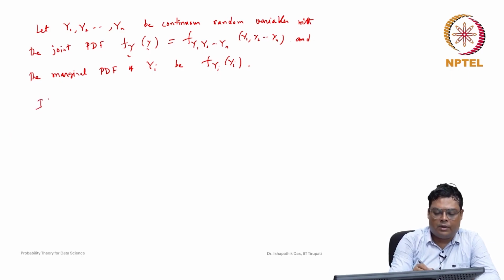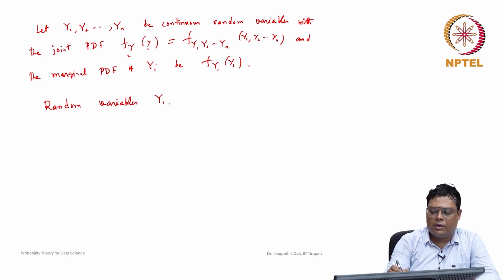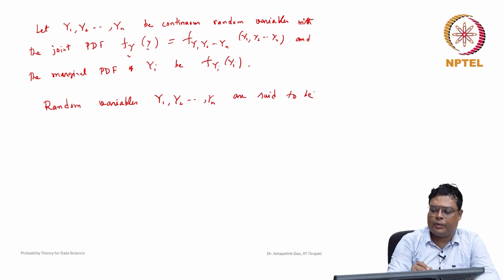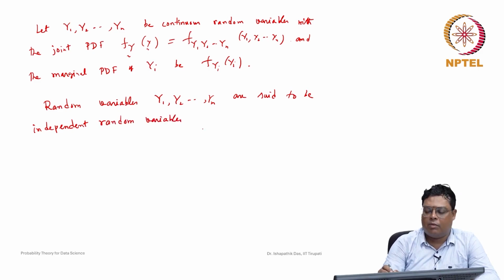So the random variables Y1, Y2, ..., Yn are said to be independent random variables if, this is the definition, their joint probability mass function.